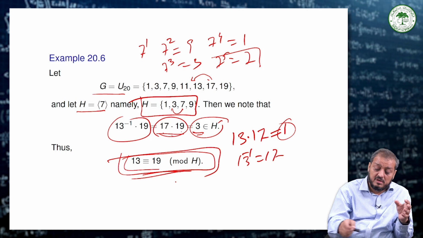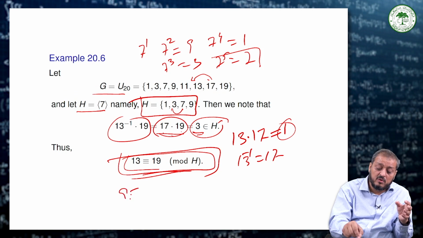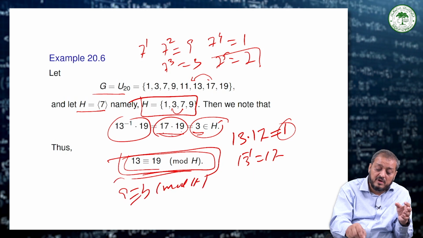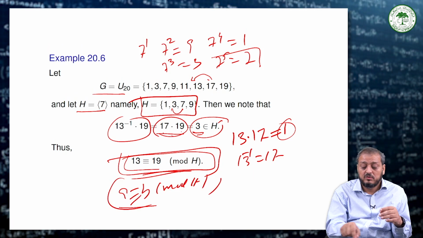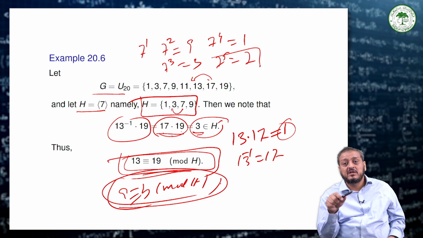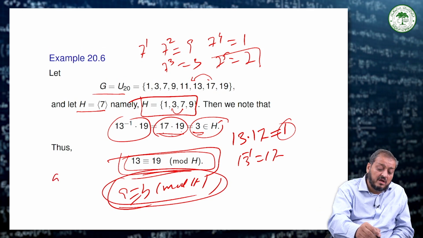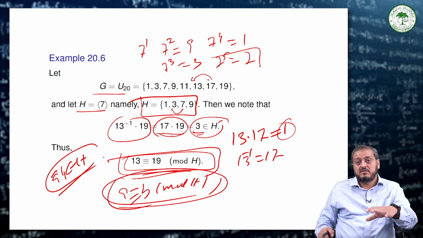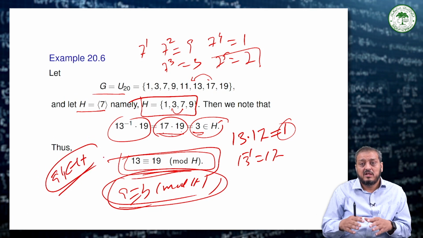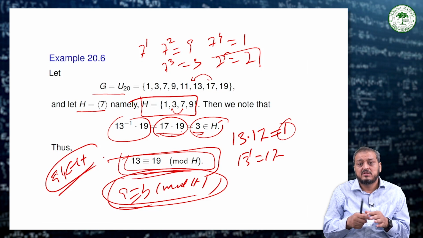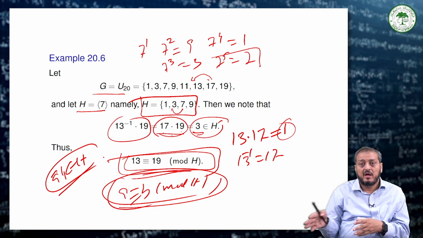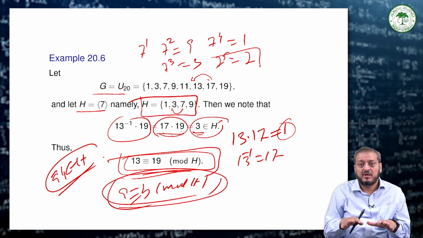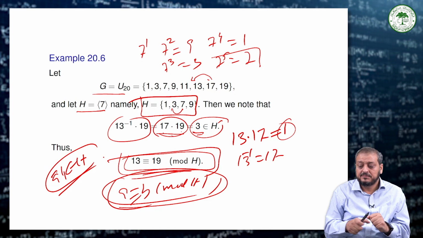A is congruent to B mod H, if H is a subgroup of G, is the relation where A inverse B is an element of H. We show that this relation is an equivalence relation, and then we continue in this direction further. So today's lecture I stop here. Thank you very much.